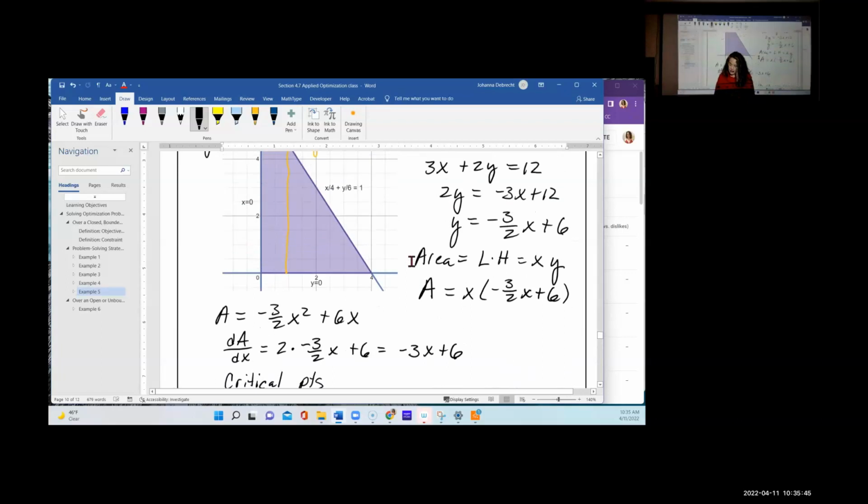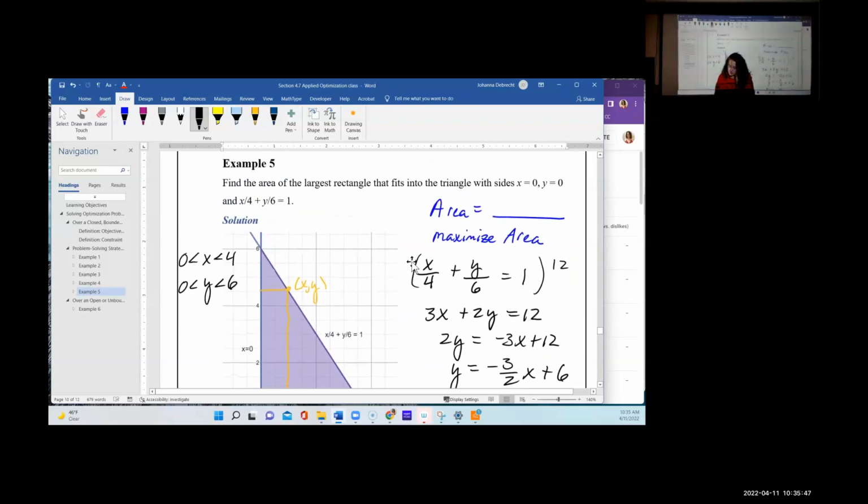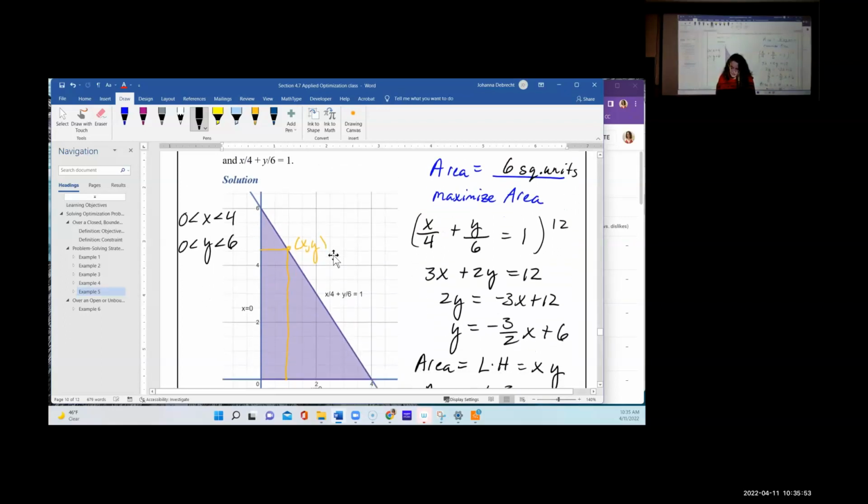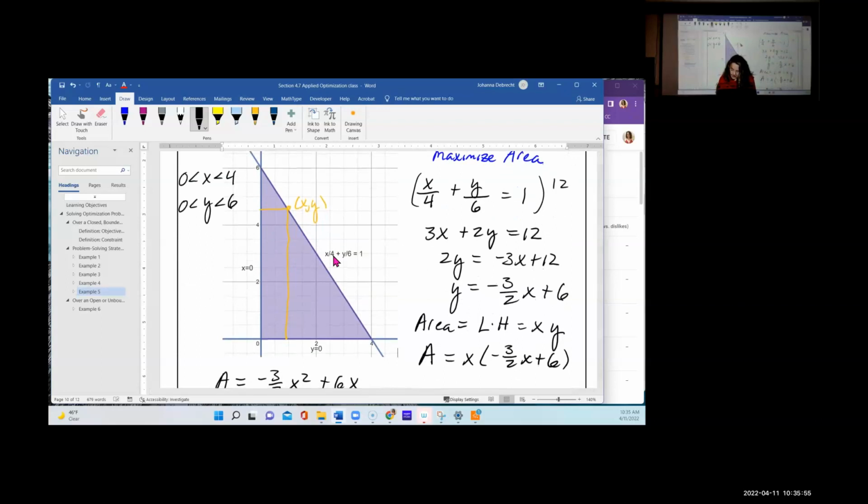So our maximum area is 6 square units. And it turns out that the rectangle that fits under the triangle that has maximum area, let me draw it in pink, maybe that'll show up a little better, is going to have width 2 and height 3.